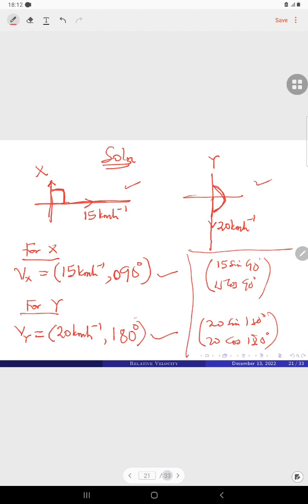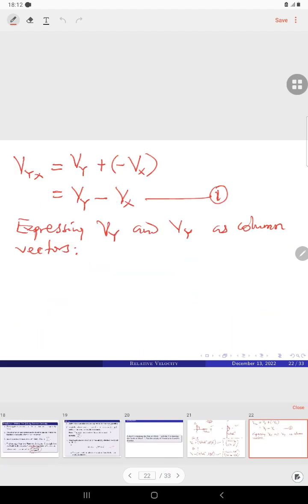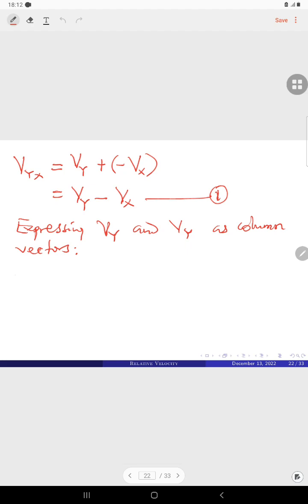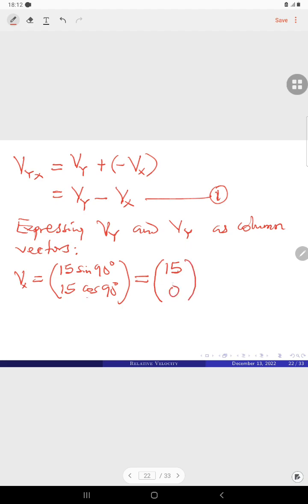So what do we get? We get Vx to be 15 sine 90 degrees, 15 cos 90 degrees. According to our calculator, sine 90 is 1, so we get 15. Cos 90 is 0, so 0. Let me call this equation 2.